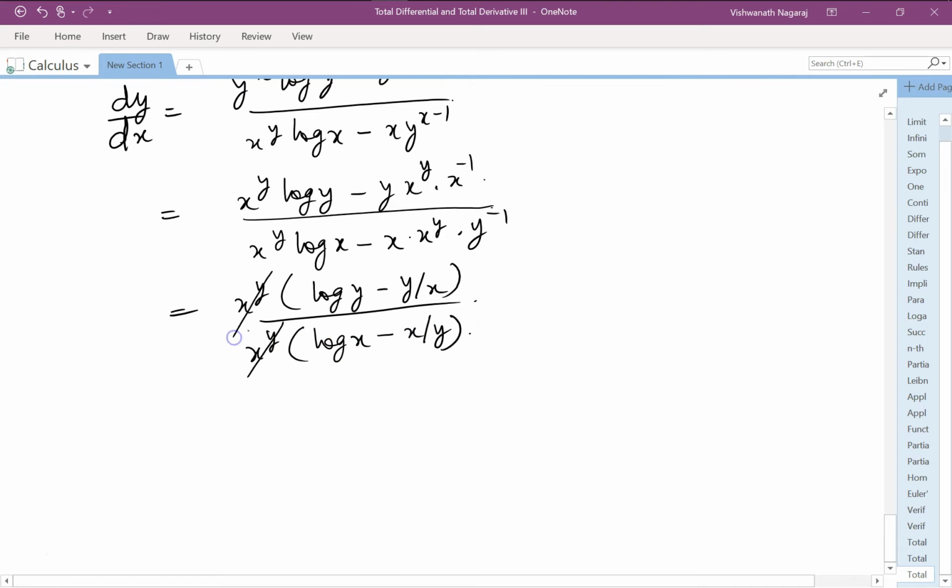Now this x^y gets cancelled, and here in the numerator we can take the LCM. x log y minus y, and instead of dividing it, let's multiply.